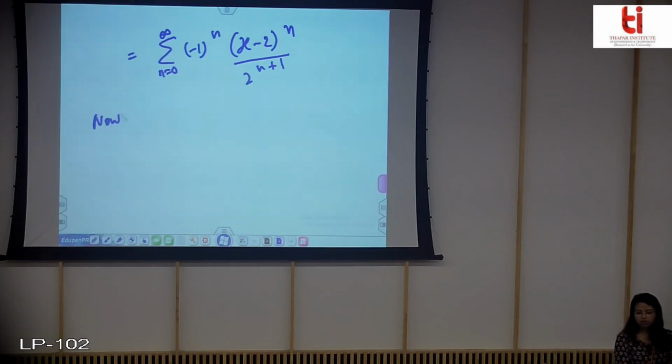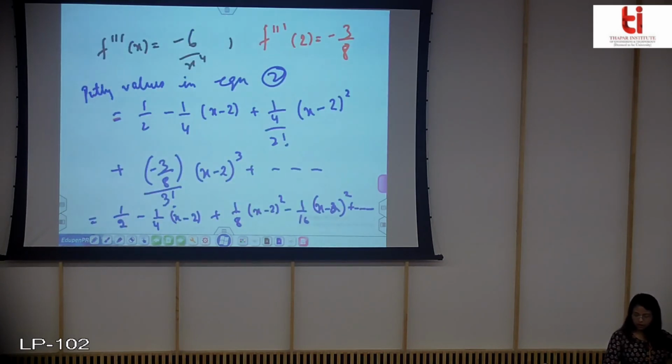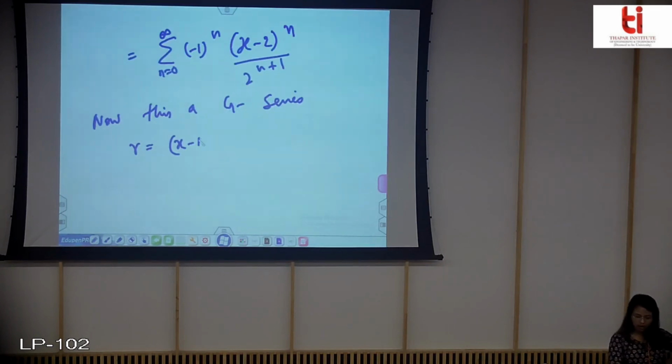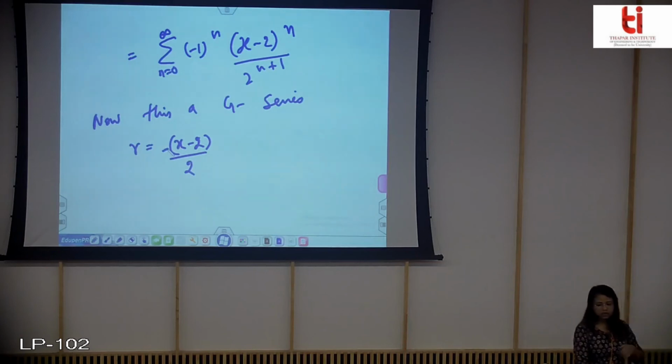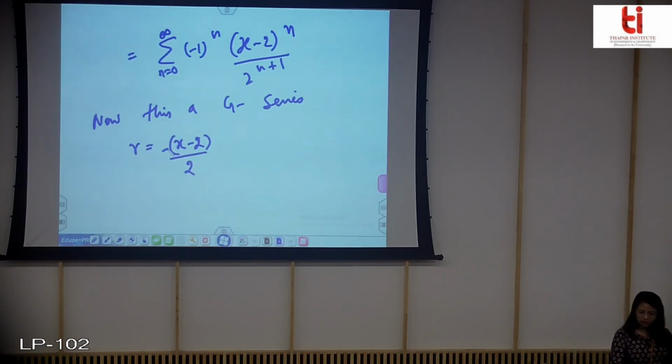Now this is a geometric series. Okay, now geometric series have R as this value, you can easily see that this is a geometric series. Now this series converges for what values?